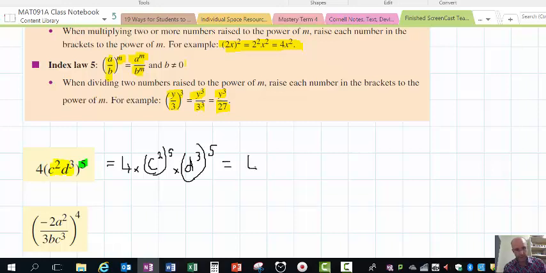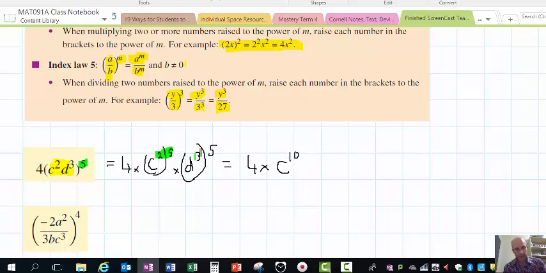That equals 4 times, now if we have a look at what we've got here, that's index law number 3, which we've looked at previously. That's a power of a power, isn't it? So what's going to happen there? It's going to be c to the 5 times 2, which is 10.